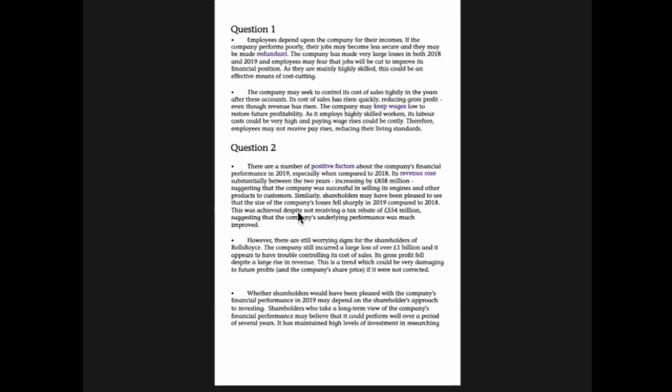Question two says there are a number of positive factors. So let's talk about the positive factors first, about the company's financial performance in 2019, especially when we compare it to 2018.